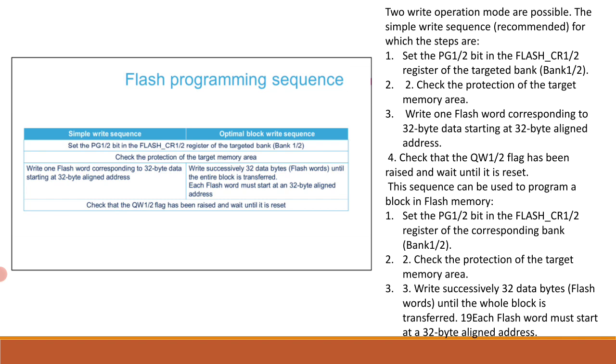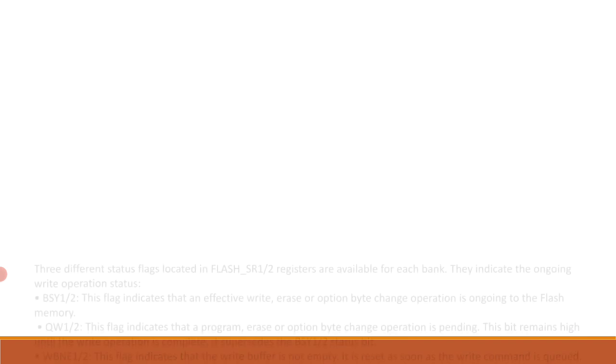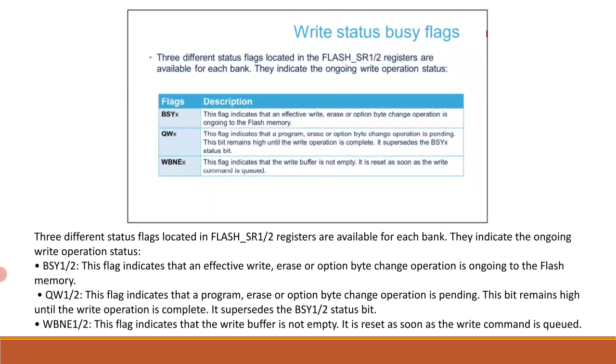There are three different status flags located in FLASH_SR1. These are the three flags: BSYx, which can be 1 or 2, QWx, or WBNEx. The BSY flag indicates that an effective write, erase or option byte change operation is ongoing to the flash memory.